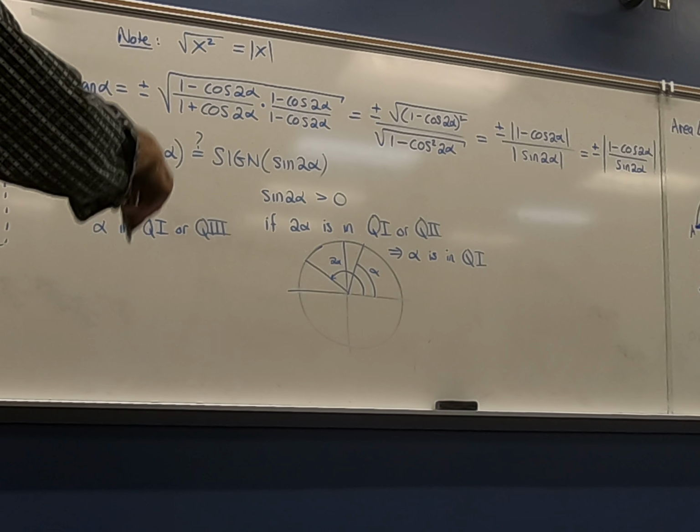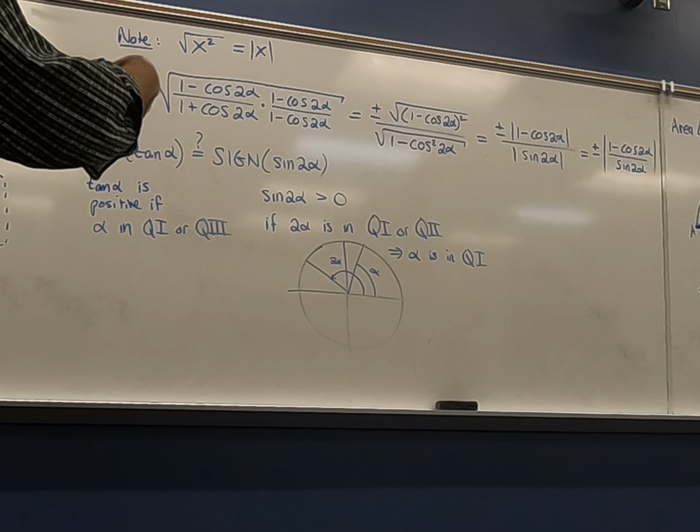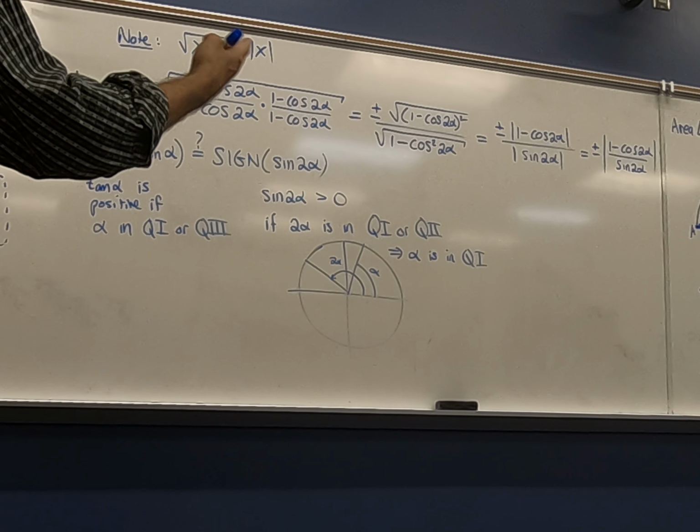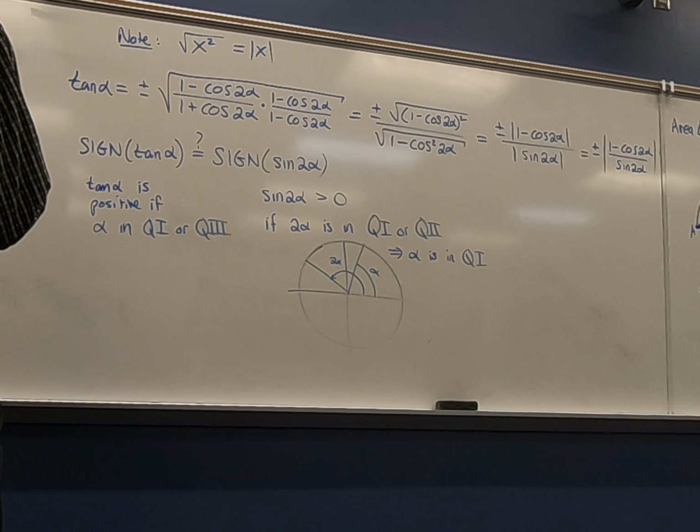Provided that bisects the angle, which I tried to do. And that's going to be true no matter where in quadrant 2. And certainly if 2 alpha is in quadrant 1, then so is alpha, right? So what, do we have to worry about quadrant 3? Well, not really.